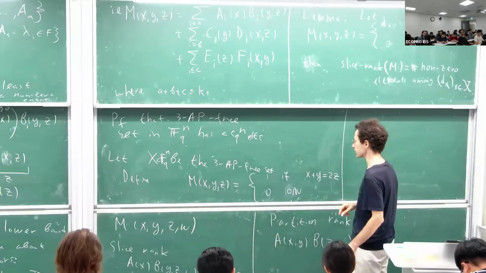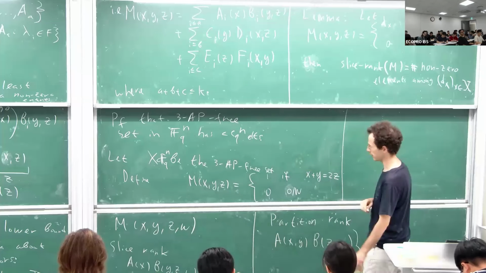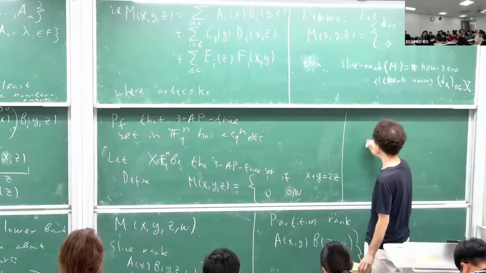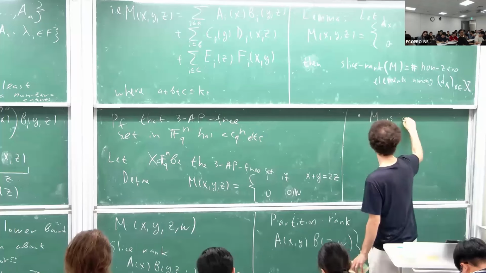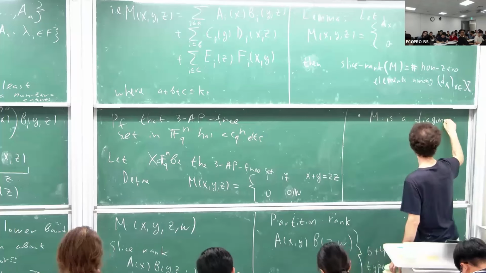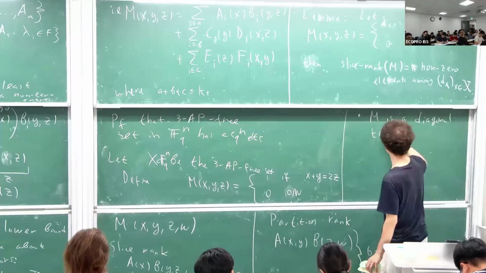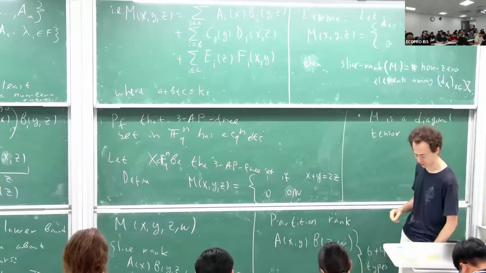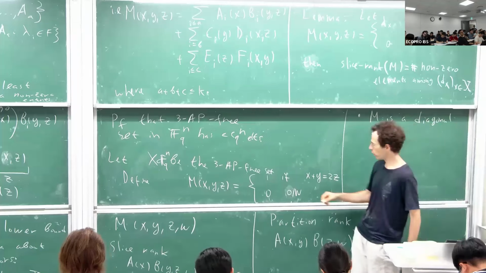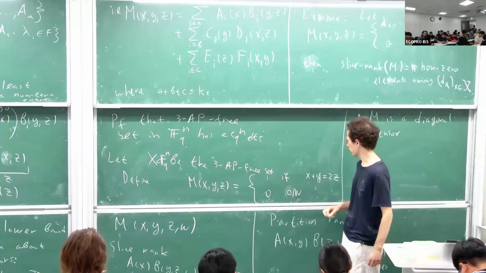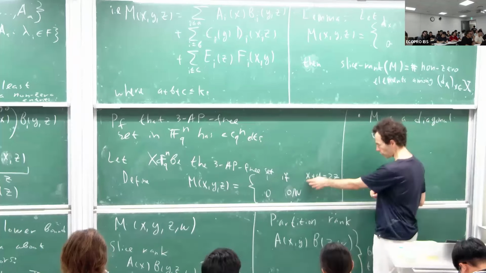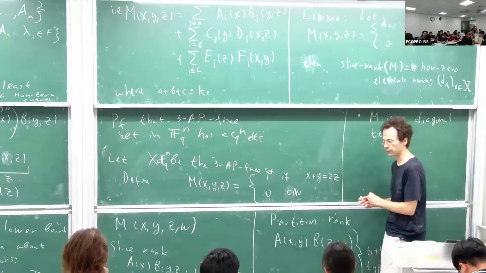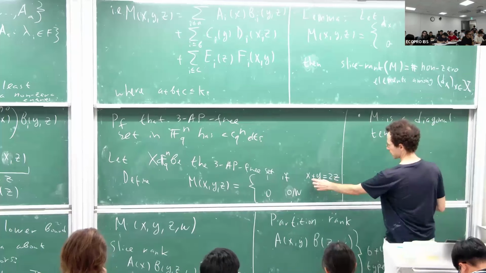First, this tensor is diagonal. It's a diagonal tensor, and this is exactly because of the condition of not containing free APs. Because when is it equal to 1? Precisely when x, z and y form a three-term progression, so z is halfway between x and y.